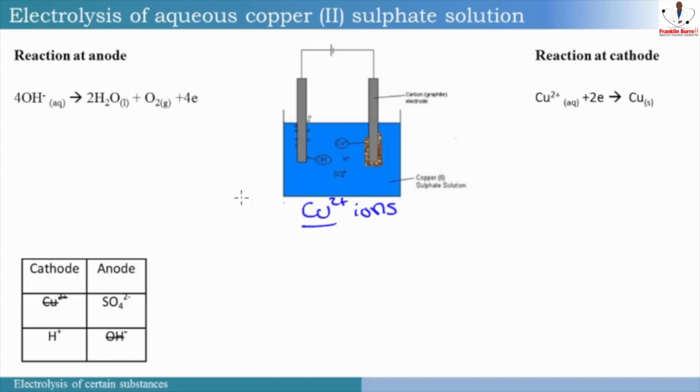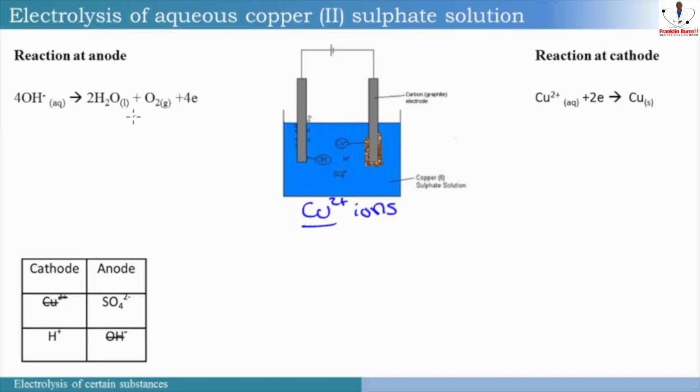Now going back to looking at our ions, at the anode, OH- and SO4 2- would migrate towards the anode. But OH- would be preferentially discharged because it is lower in the series, hence it is more easily oxidized than the SO4 2-, and that would come off in preference.